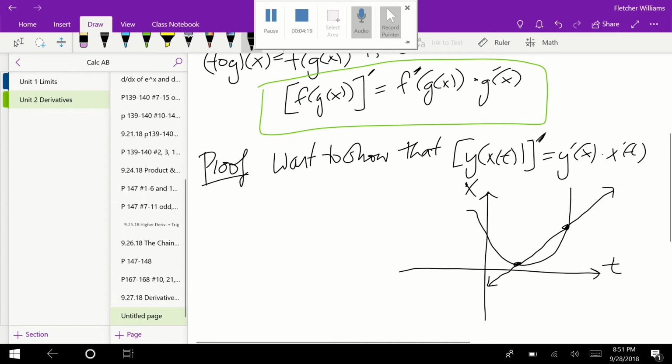So that was our approach back before. We knew that the slope of this secant line is just given by the rise over the run. In this case, since x is on my vertical and t is on my horizontal, it'll be a rise of delta x and a run of delta t.